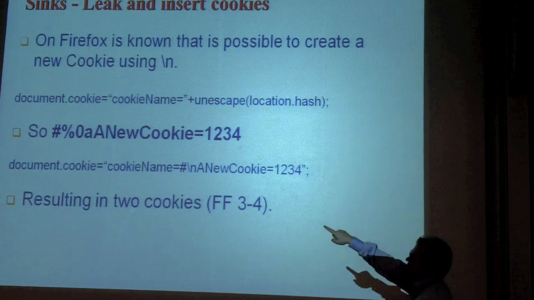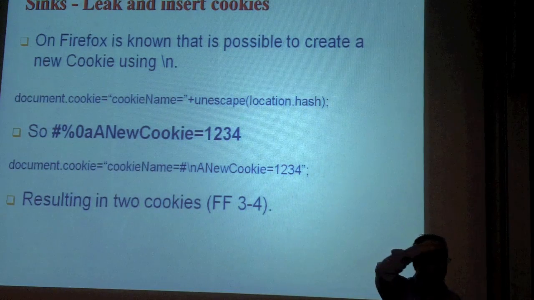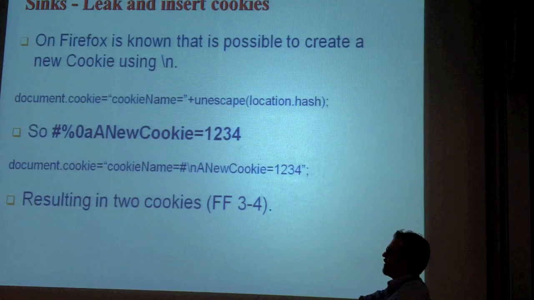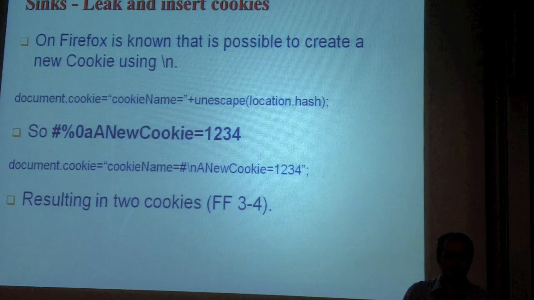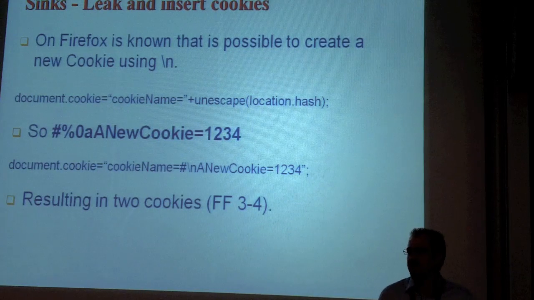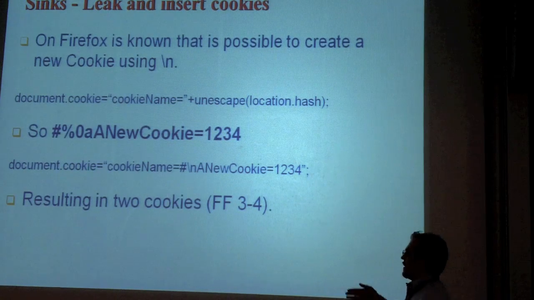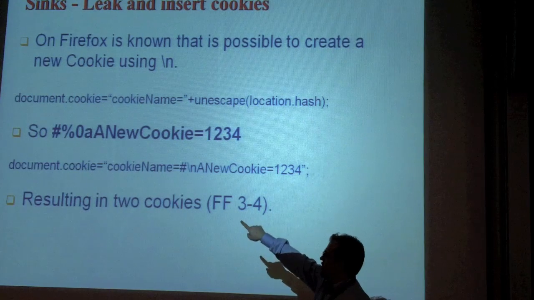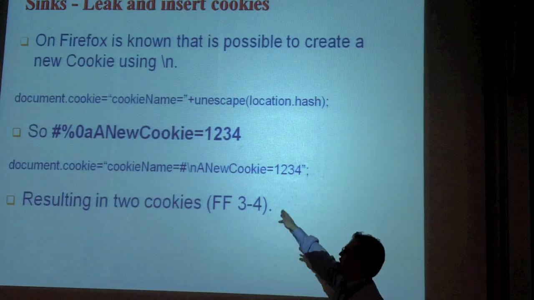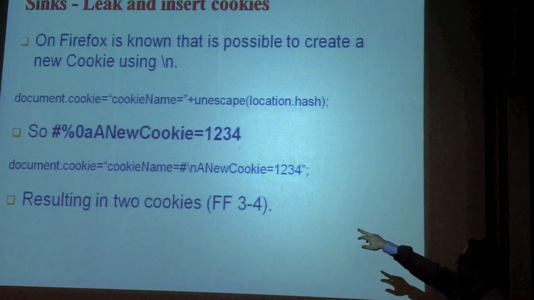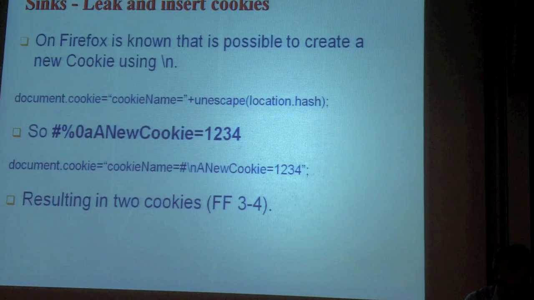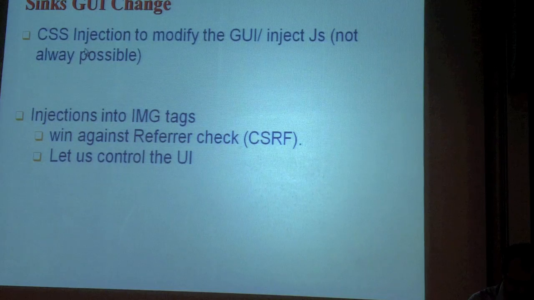On Firefox, I don't know if you knew, but it's not news, if you can inject a new line, Firefox will create a new cookie. So this will result in cookie name equals a pound, and a new cookie equals 1, 2, 3, 4.